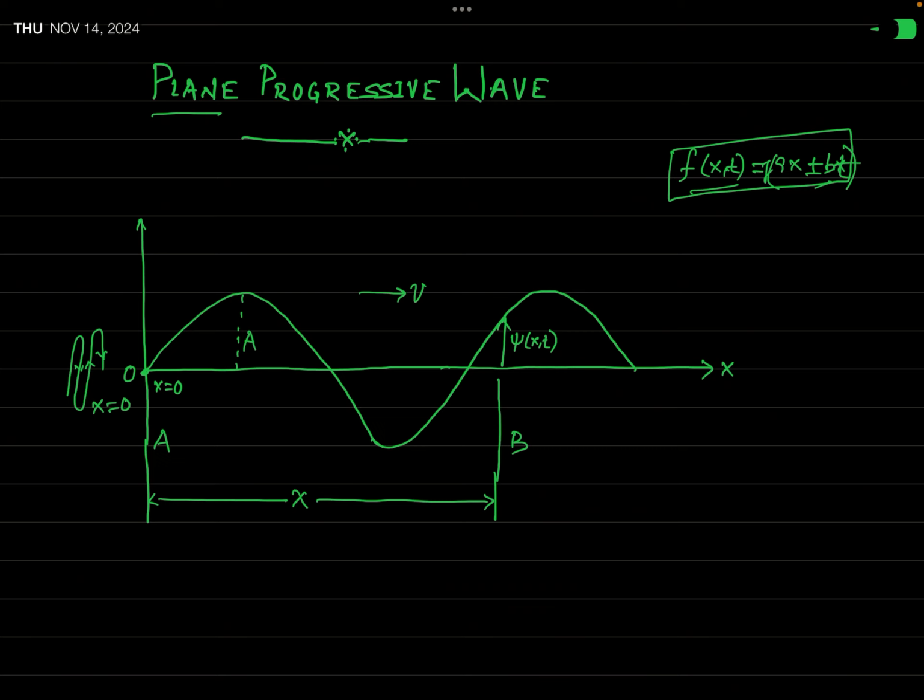Okay? So for understanding the idea of this plane progressive wave and what will be its equation, let us see the concept of plane waves only, which travel in one direction, that is in x direction. And let us take a plane perpendicular to the direction of wave propagation.